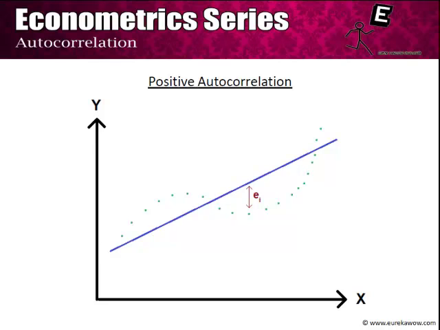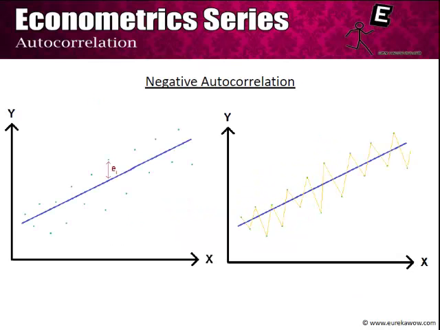For example, if we take y to be the GDP growth rate and x to be time, then a good GDP growth rate in this quarter is likely to be followed by a decent GDP growth rate in the next quarter, unless we're talking of a crisis situation. Hence, because of this inherent inertia in most economic variables, positive autocorrelation is more commonly observed.